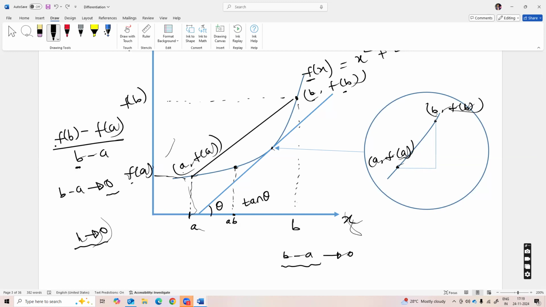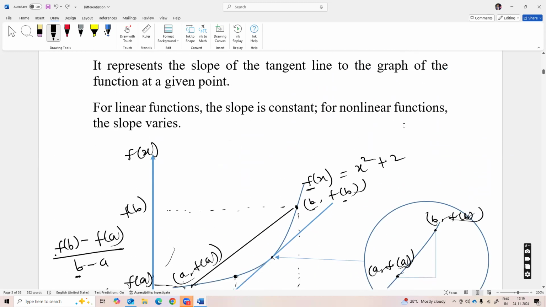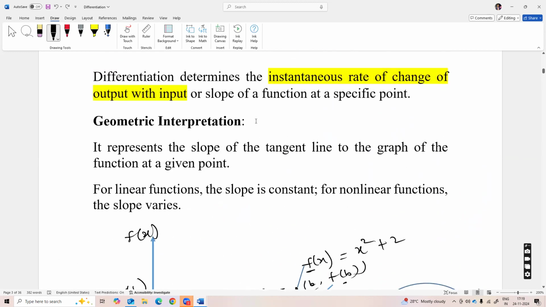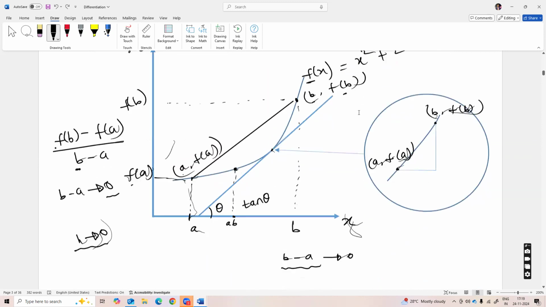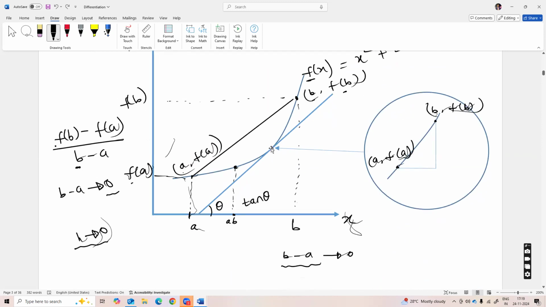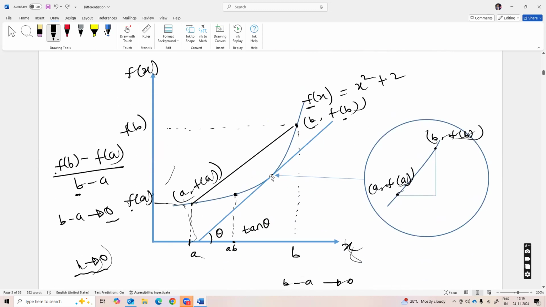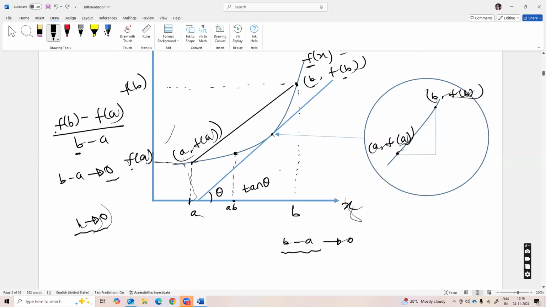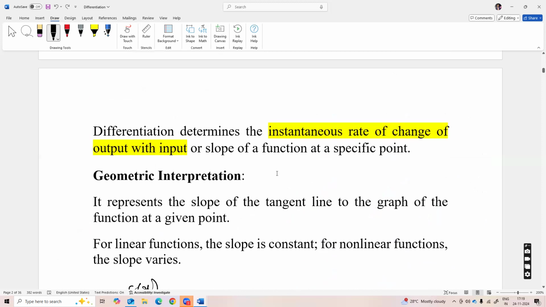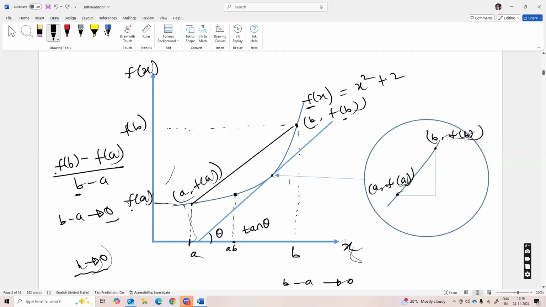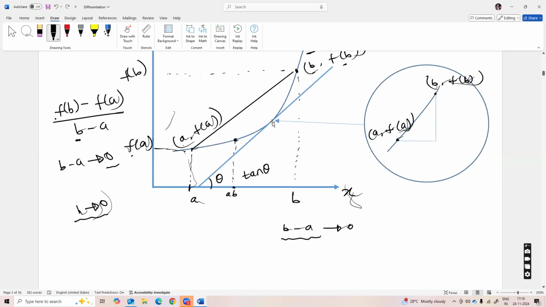Therefore the slope of this function at this point is equal to the derivative of that function at that point. So differentiation will also help you to find the slope of the curve at this point.